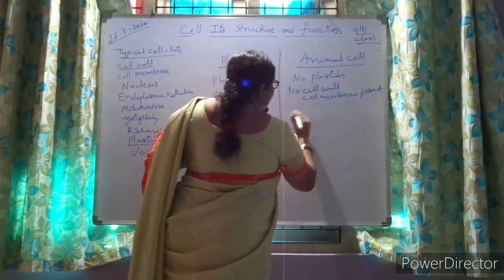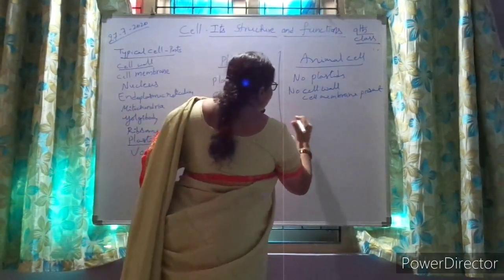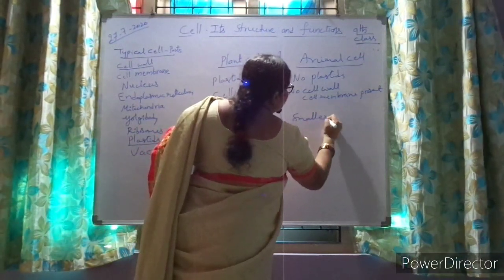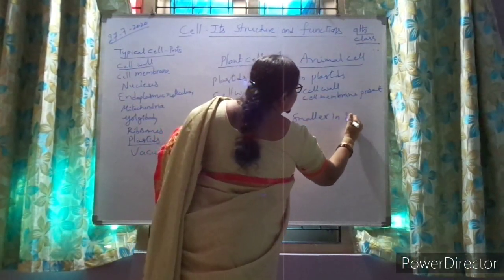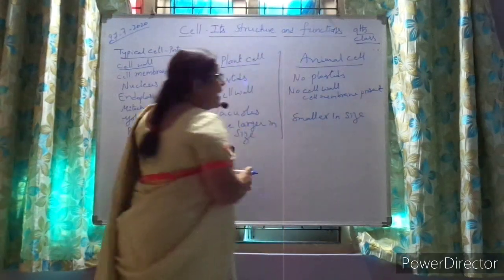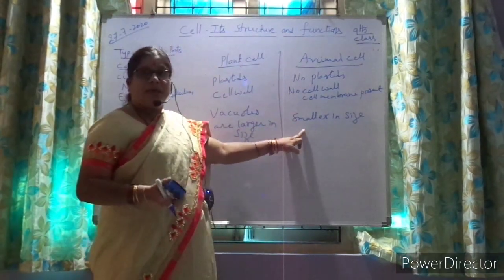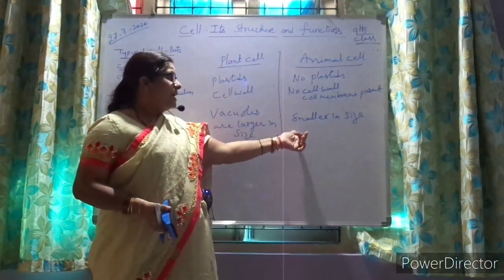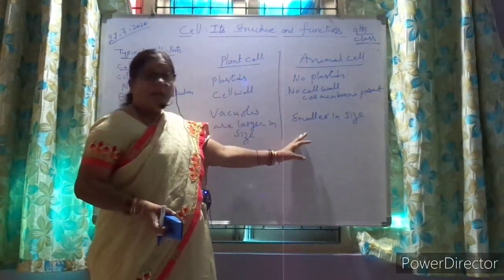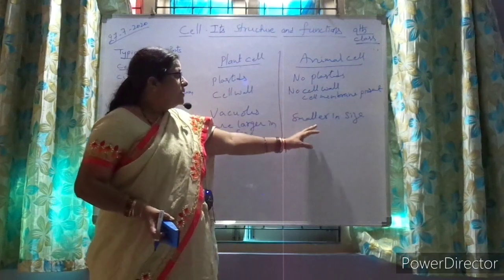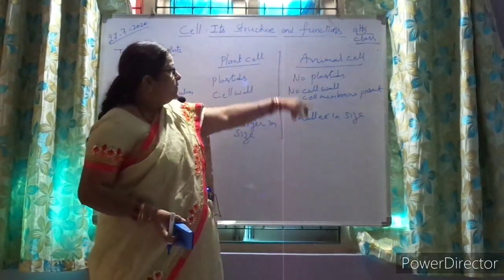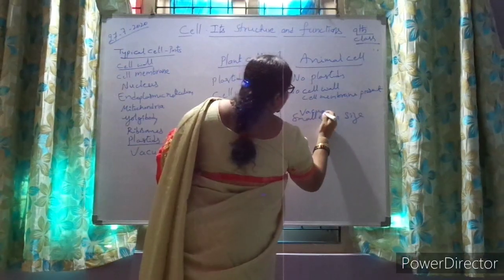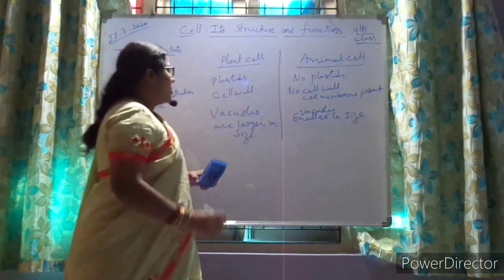Whereas in animal cells, vacuoles are smaller in size. These vacuoles are seen in primitive organisms like amoeba, paramecium, or other unicellular organisms. In higher animals, these small vacuoles are not seen.